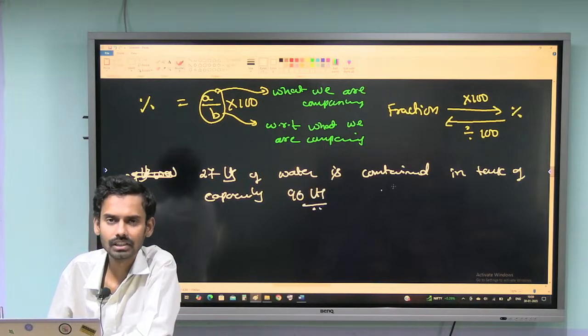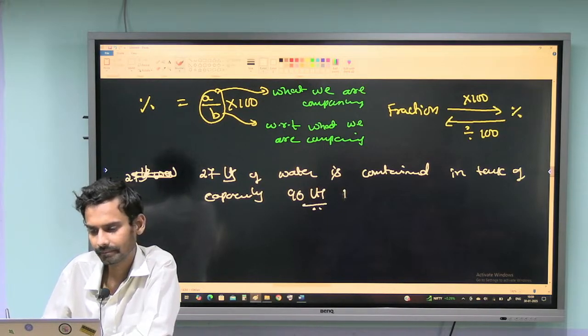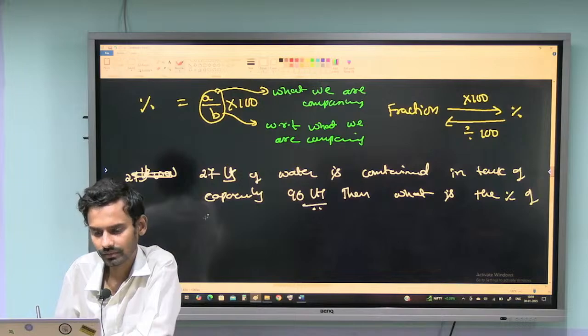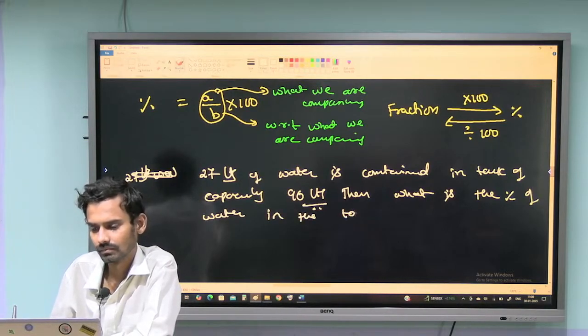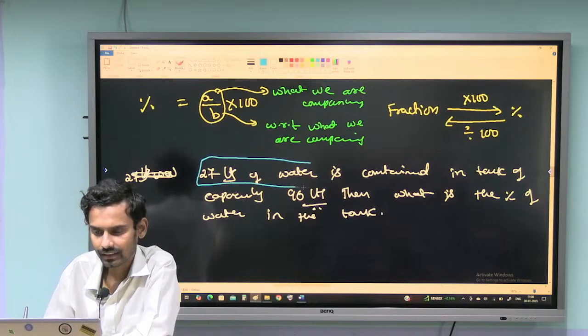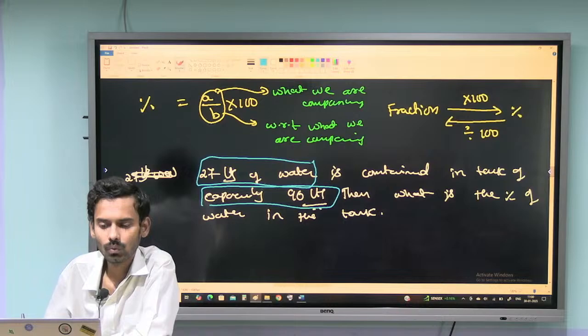The capacity of the tank is 90 liters. Then what is the percentage of water in the tank? Suppose this is the question, now am I comparing how much water is there with respect to the total capacity of the tank? What am I comparing? I am comparing the quantity of water.